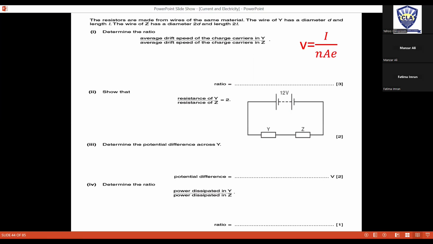Velocity is given by I over NAE. Their current will also be same because they are in series. N will be same, E will be same. So velocity will only depend on the value of area. If Y has a diameter D, it has an area A. If the diameter is doubled, area is increased by 4 times. Remember that.